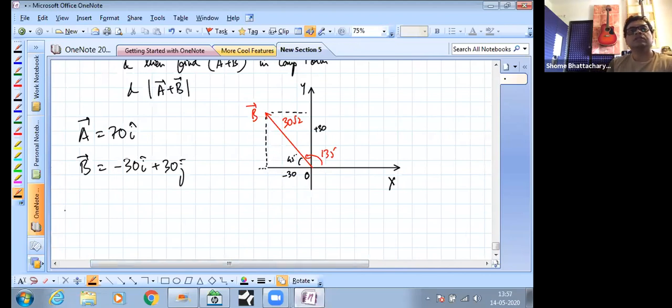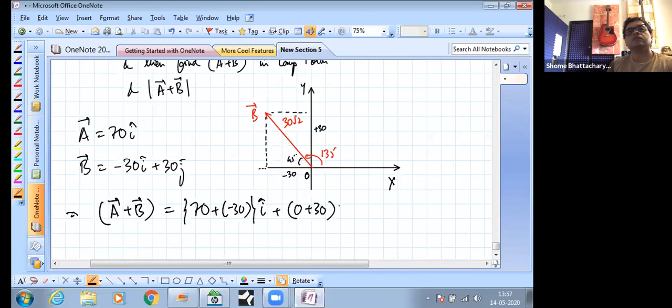Okay. So now you can see that E plus B is just becoming 70 plus minus 30 i cap plus 0 plus 30 j cap. So that is 40 i cap plus 30 j cap. So this is now the resultant, but expressed in component form.